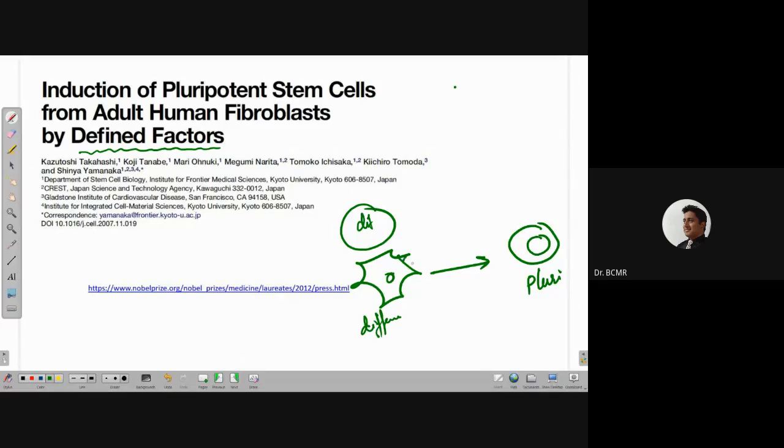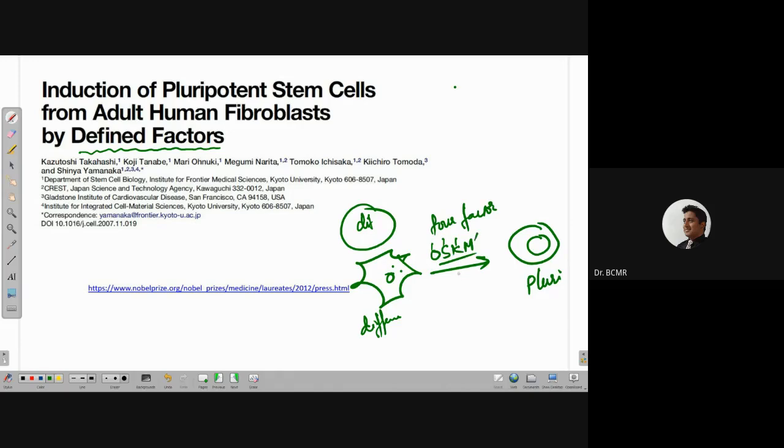If we want to de-differentiate a terminally differentiated cell into a pluripotent stem cell, you need a minimal set of 4 factors. Those are OSKM: OCT4, SOX2, KLF4, and CMYC.